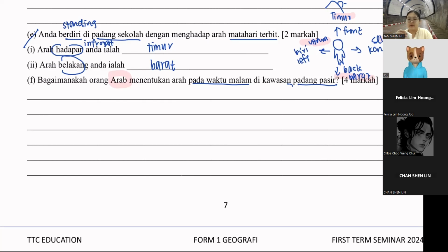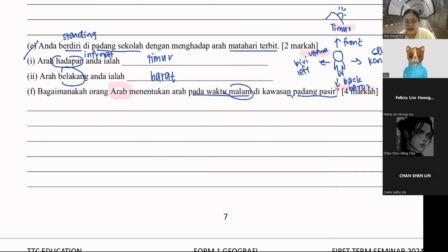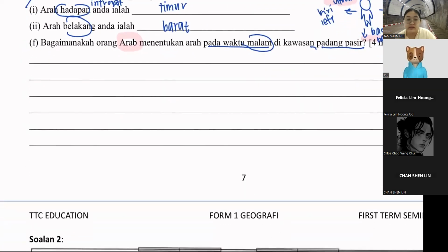Yeah, but the Arab compass is for prayers. But because they mentioned pada waktu malam, it means the more favorite answer will still be using the star.